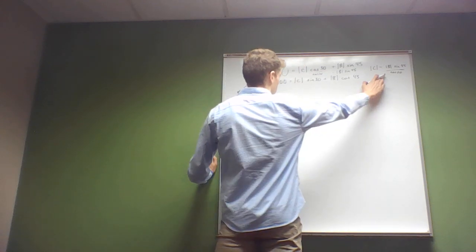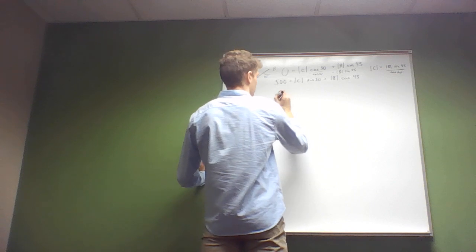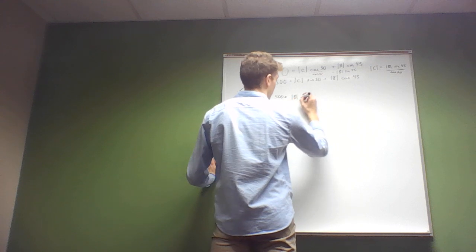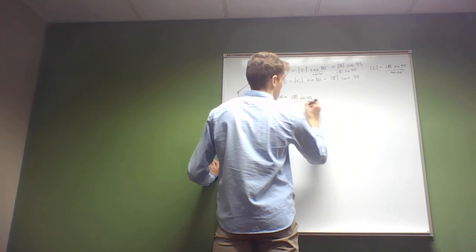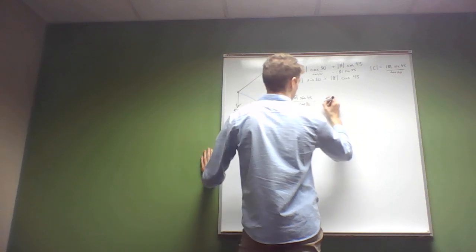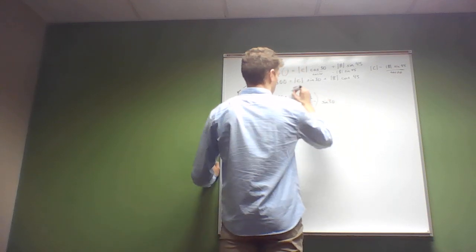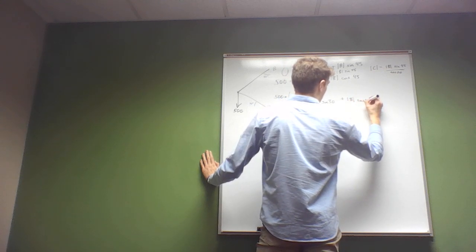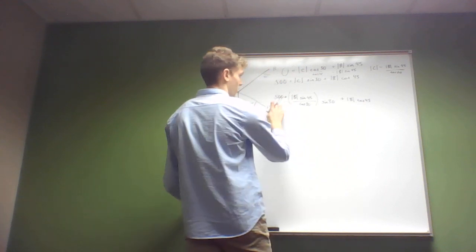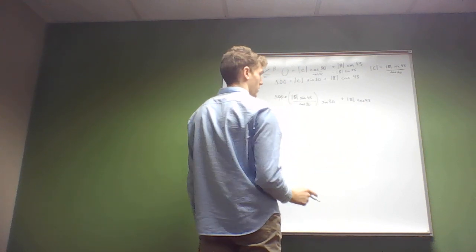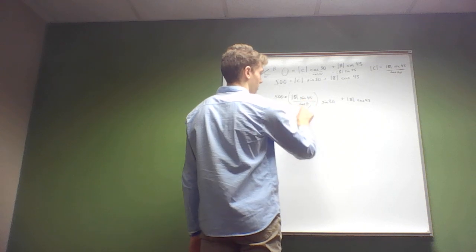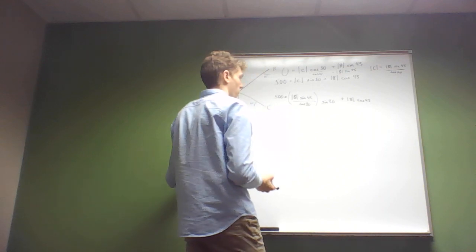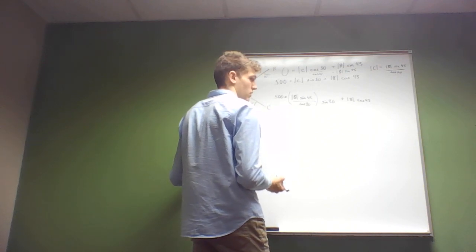Then you take that and plug it back into here. So you have your 500, and now you have your magnitude of C. So you can say the magnitude of B sine 45 divided by cosine 30, times sine 30, plus magnitude B cosine 45, is all equal to 500. On my calculator, sine of 45 divided by cosine of 30 is 0.816.